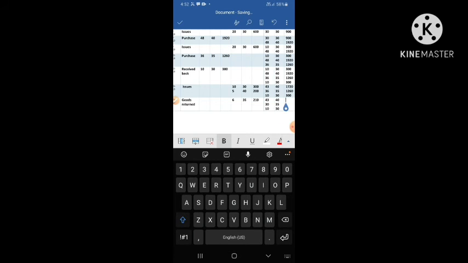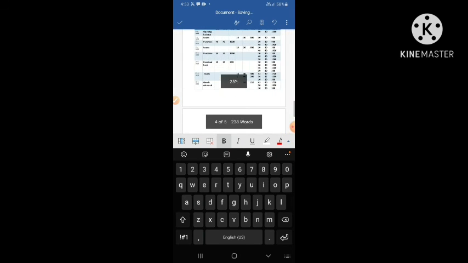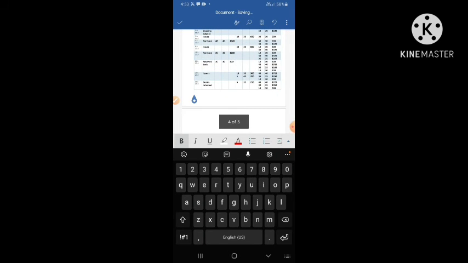In the amount column: 1720, 1050, 300. Okay, so now we are going to conclude this sum.